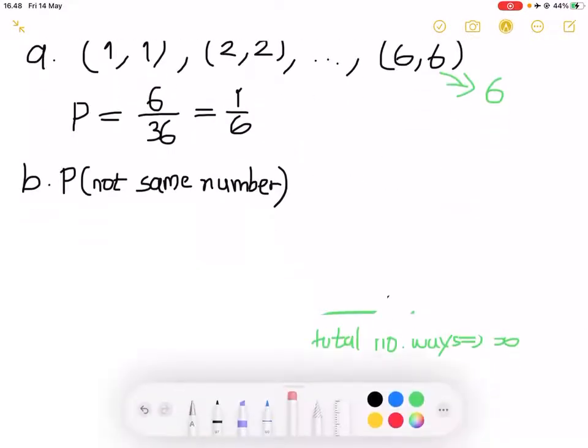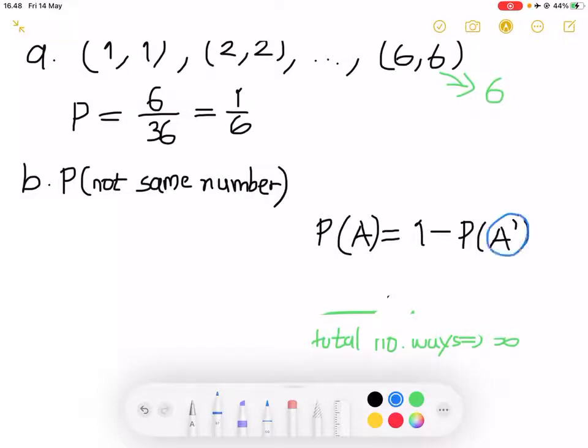So I'll just write it for you guys. The probability of an event happening is equal to 1 minus the probability of that same event not happening, which is sometimes denoted by this. It's sometimes called A prime or A complement, or however you would pronounce that.